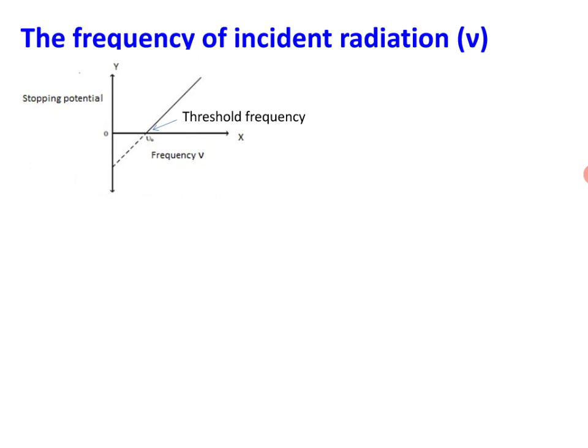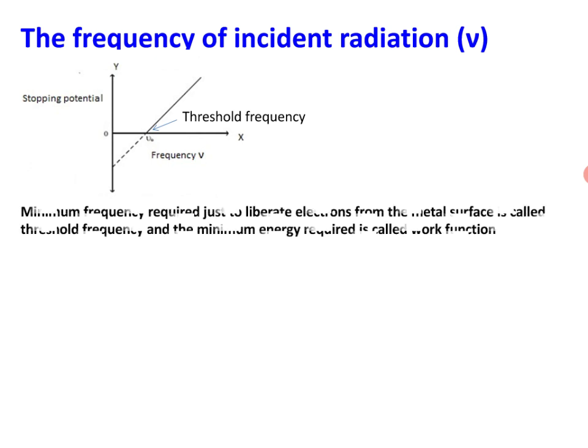But if you give less than the threshold frequency to the metal surface, we can't get any photoelectric effect. So the minimum frequency required just to liberate the electron from the metal surface is called the threshold frequency, and the minimum energy required is called the work function.